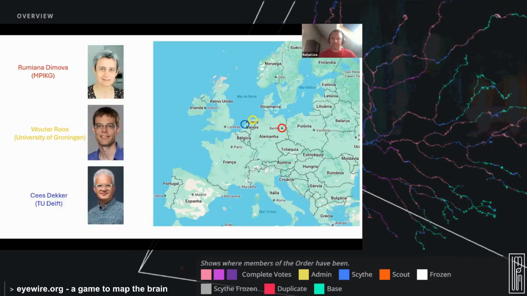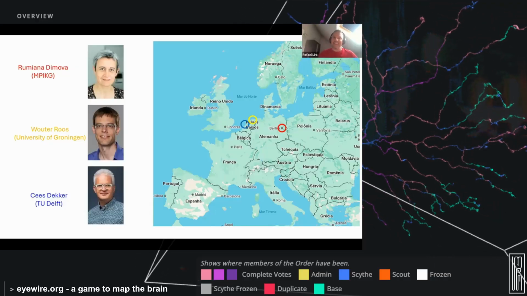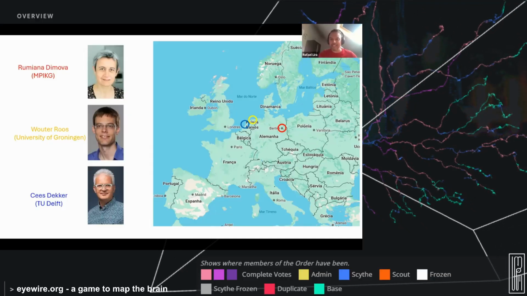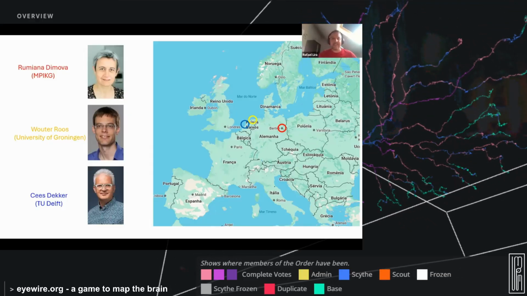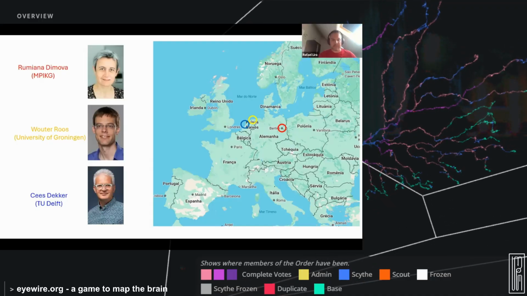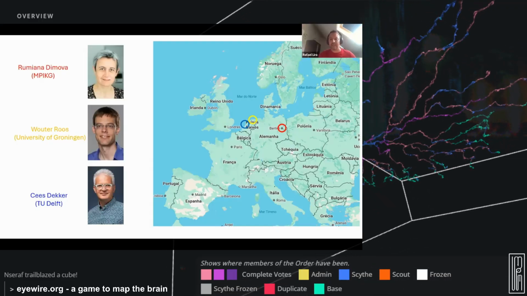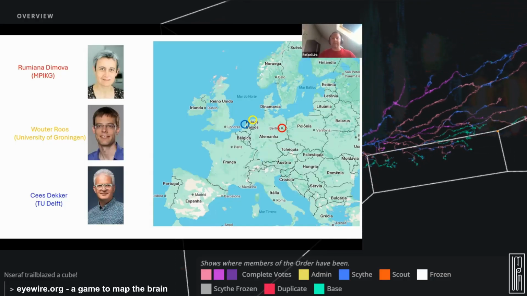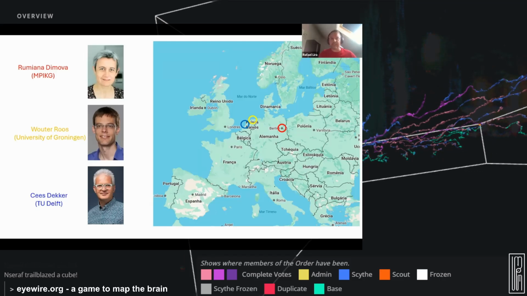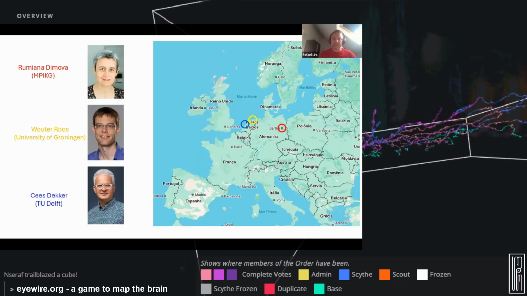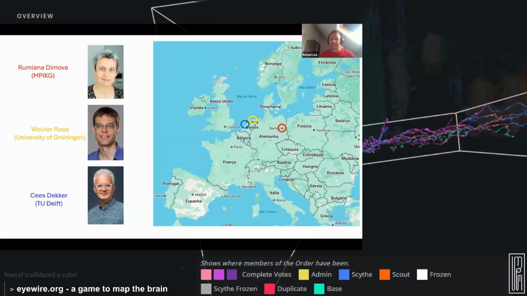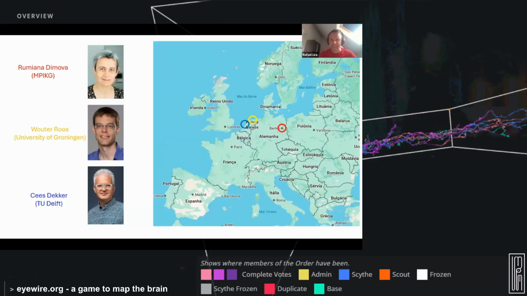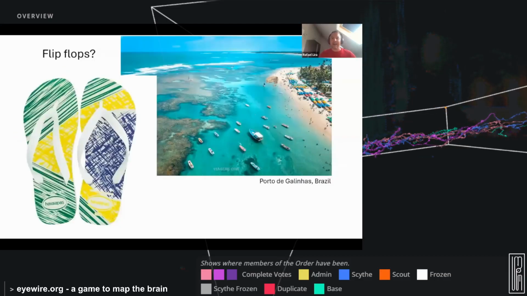And more recently, 3 years ago, I went to the west of the Netherlands, where I am based now, where I did research under the supervision of Kees Dekker, who was also speaker here 2 weeks ago, if I'm not mistaken. And it was also in Rumi's lab several years ago where I got in touch with the field of synthetic biology, and it's fascinating. I don't need to sell that to this audience.